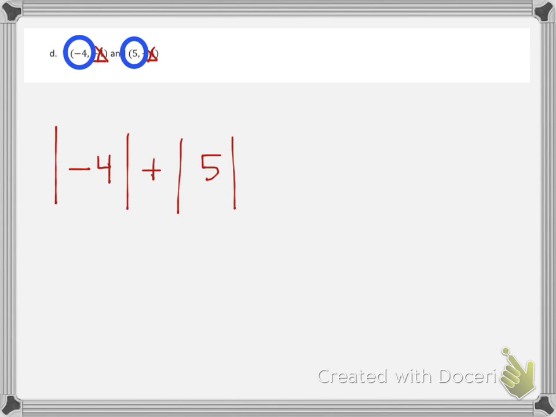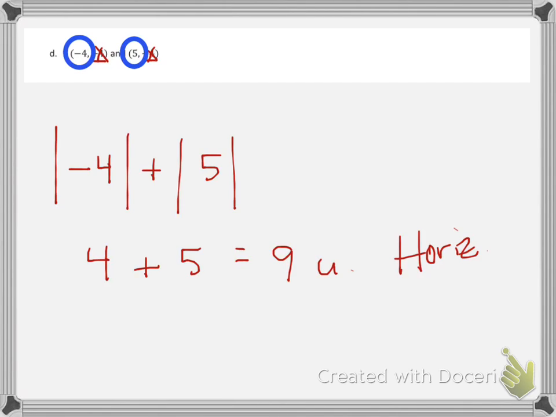Well, that means, how far is -4 from 0? 4. How far is 5 from 0? 5. Answer is, these are 9 units apart. Horizontal or vertical line, well, it's our x value, and remember, x tells us left or right, so this is going to be a horizontal line.